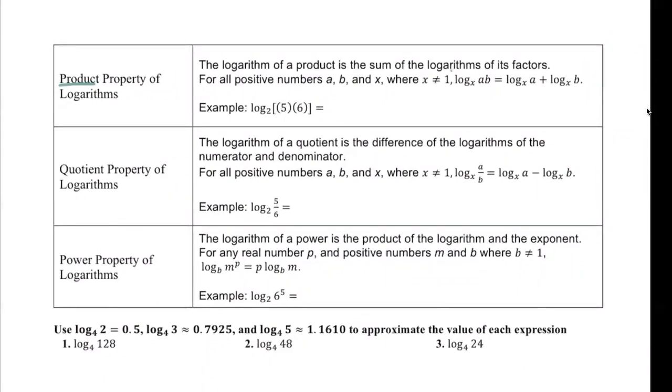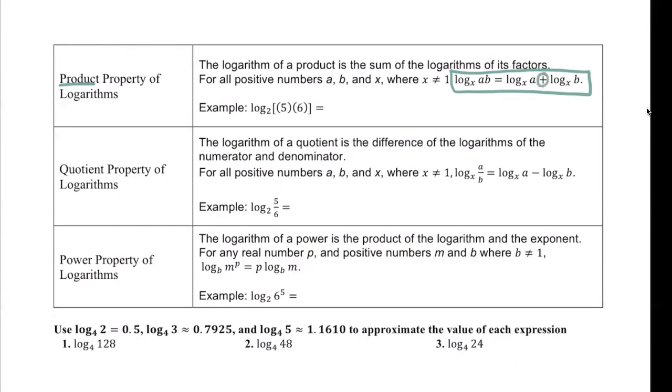So basically what that's saying is that if you have a log, and in the argument, inside the log right here, you have two things being multiplied. What you can do is you can actually split that up into two logs being added.